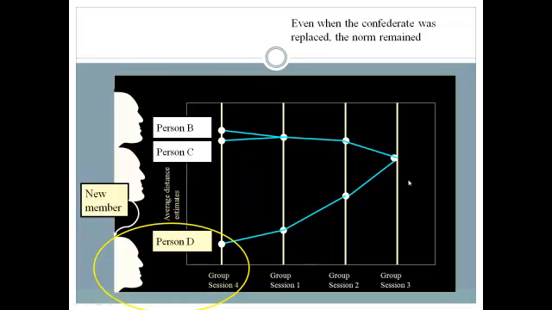So they developed the norm, and remember what I said before, how norms may be resistant to change? Well, yeah, even when the crazy person left, who gave the exaggerated estimate, the norm stayed high. The norm stayed the same. And again, the new person coming in adjusts to the norm.